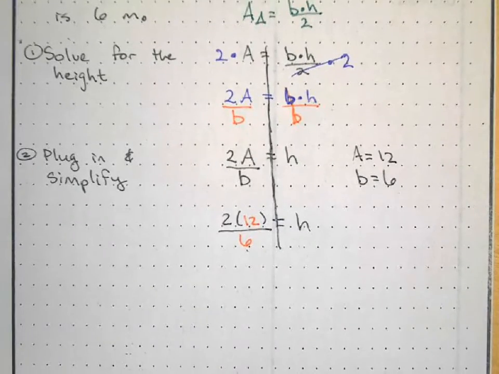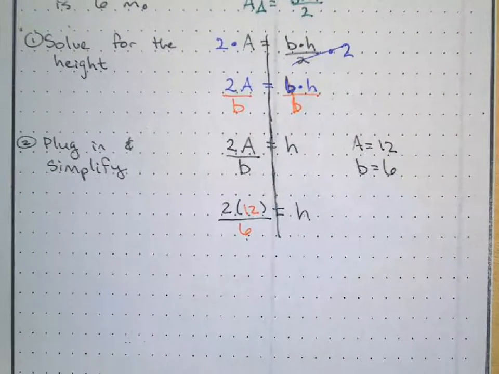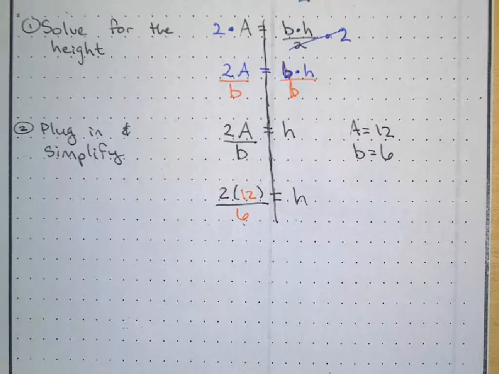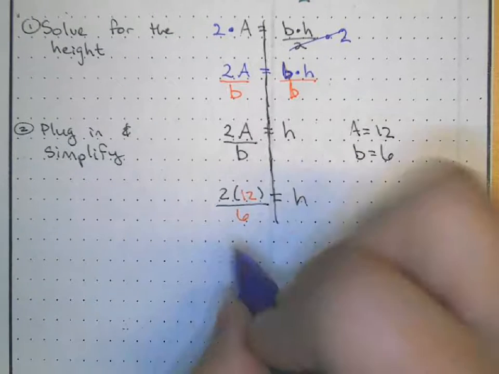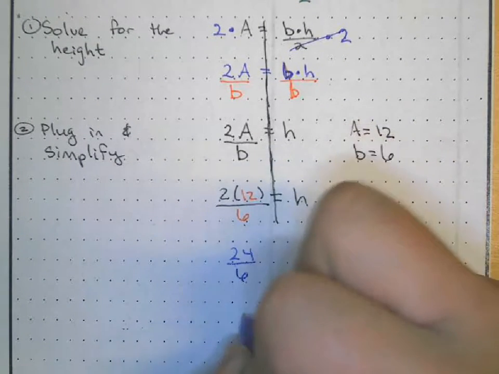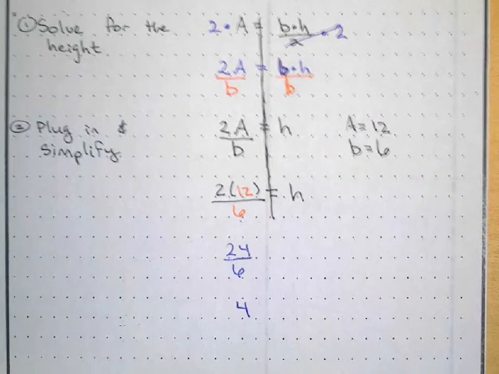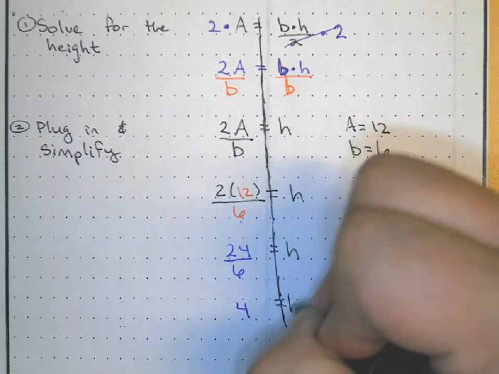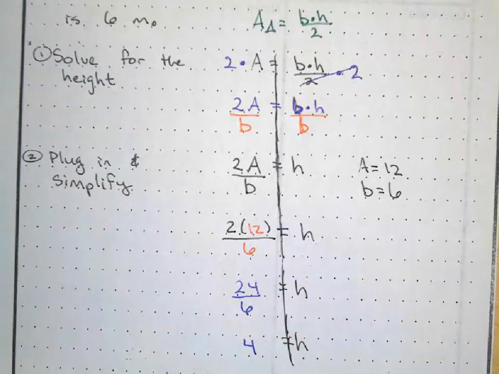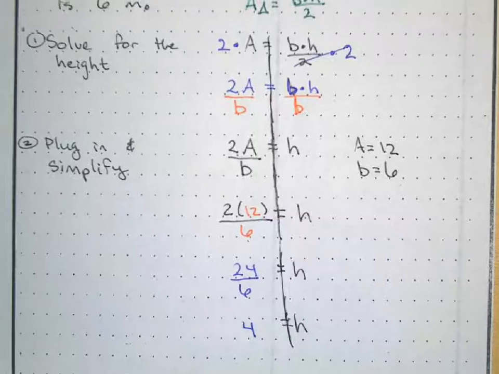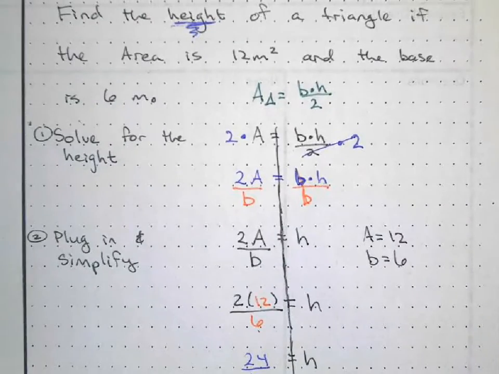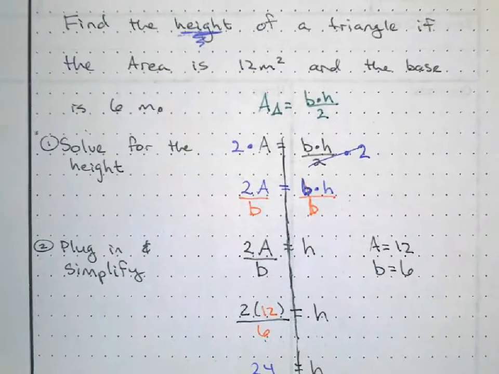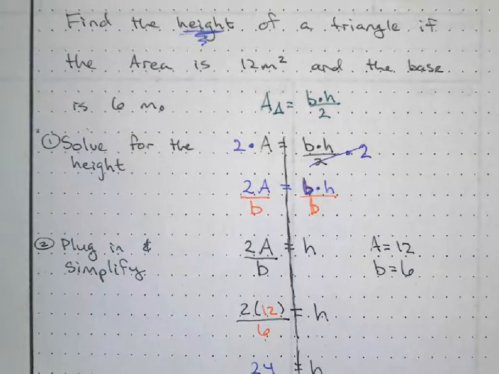We simplify this, and we get 2 times 12 is 24. 24 divided by 6 is 4, and that is equal to my h. And so that's how we can actually use literal equations to help us move through these with less confusion on how to deal with the numbers.